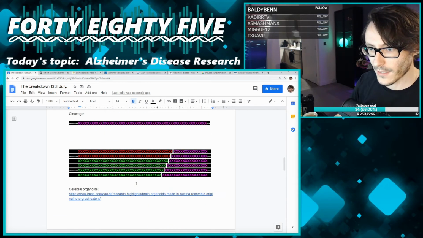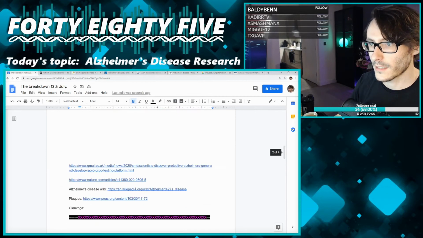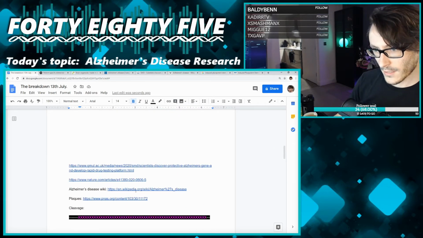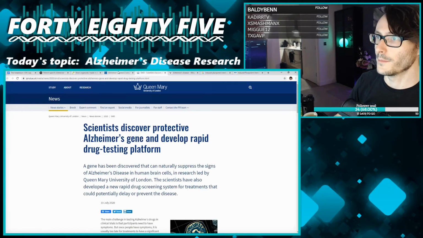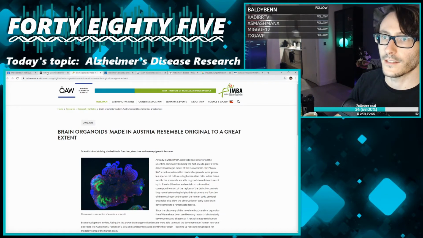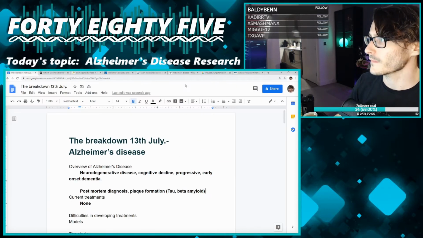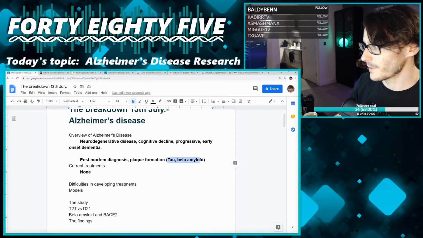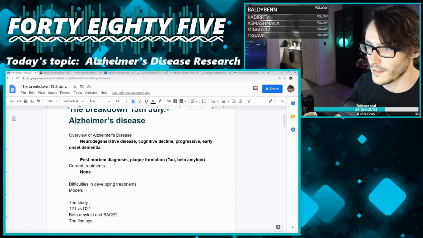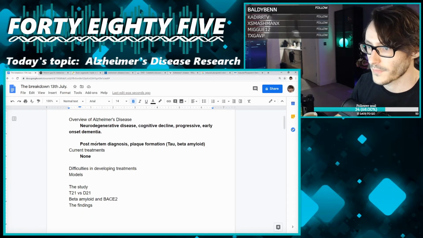I may have a link for beta amyloid cleavage here. No, I don't. I won't try and find a picture because it'll probably take me ages. But effectively, we'll go into what beta amyloid does in a minute. So these are the two major plaque-forming protein aggregates you see in Alzheimer's disease.